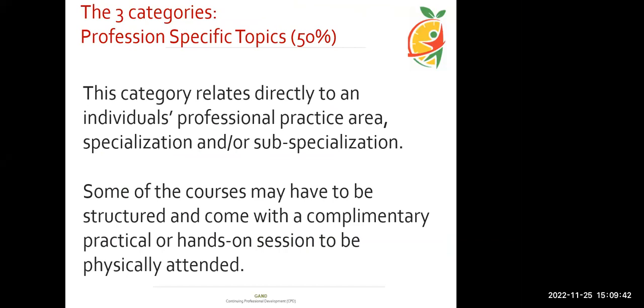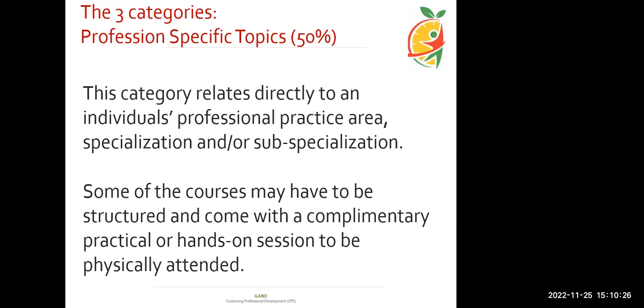So the moment we begin to improve, and that is where I'm praying and hoping and wishing that dietetics, or nutrition, gets to in the shortest possible time, once we fully define a specialization in kidney, and how people can secure specialization in renal dietetics or nutrition, and you choose to go that route, your CPDs, which are profession-specific, must relate necessarily to that specialization, and even that sub-specialization. Of course, you can come to the general space of dietetics or nutrition, but then the bulk of your training must be in that sub-specialization.